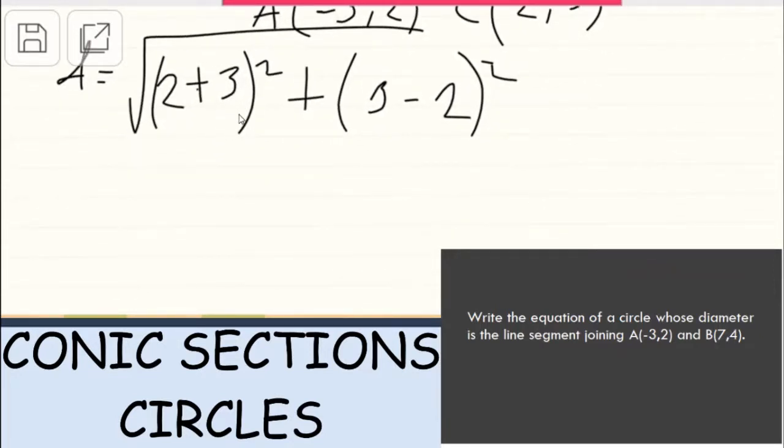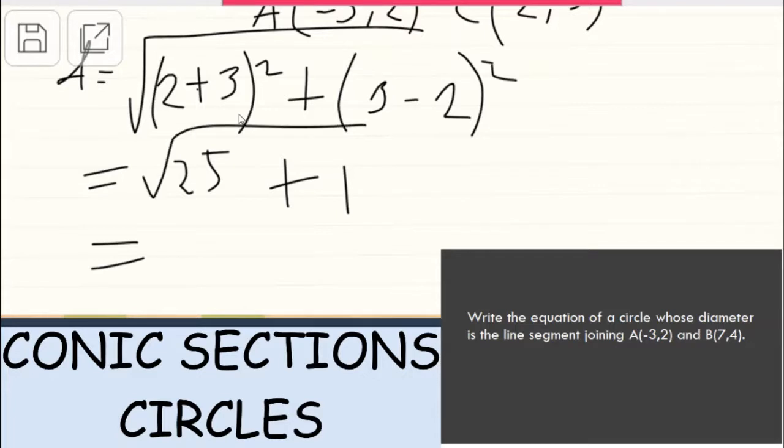Now, 2 plus 3 is 5. Then square is 25. Plus 3 minus 2 is 1 squared, plus 1.